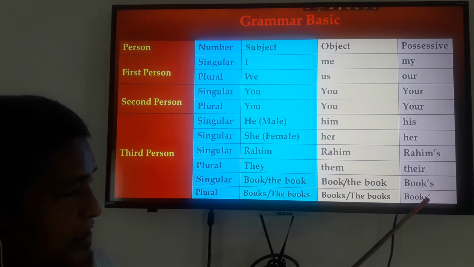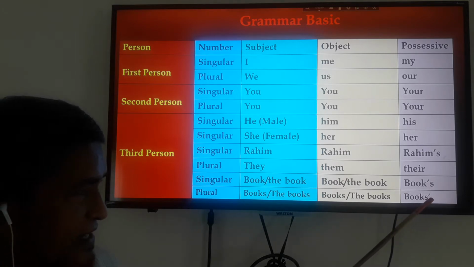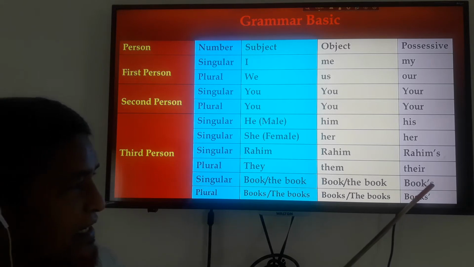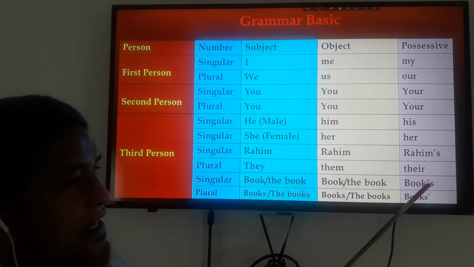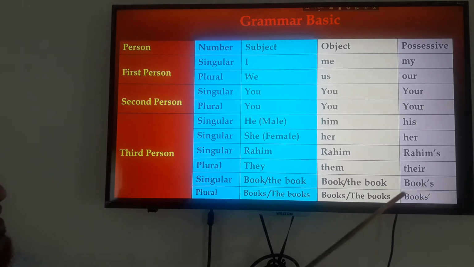Okay, if you find that the apostrophe is after the s, it will be plural, and before the s, it will be singular. Okay, it is very important to follow this.